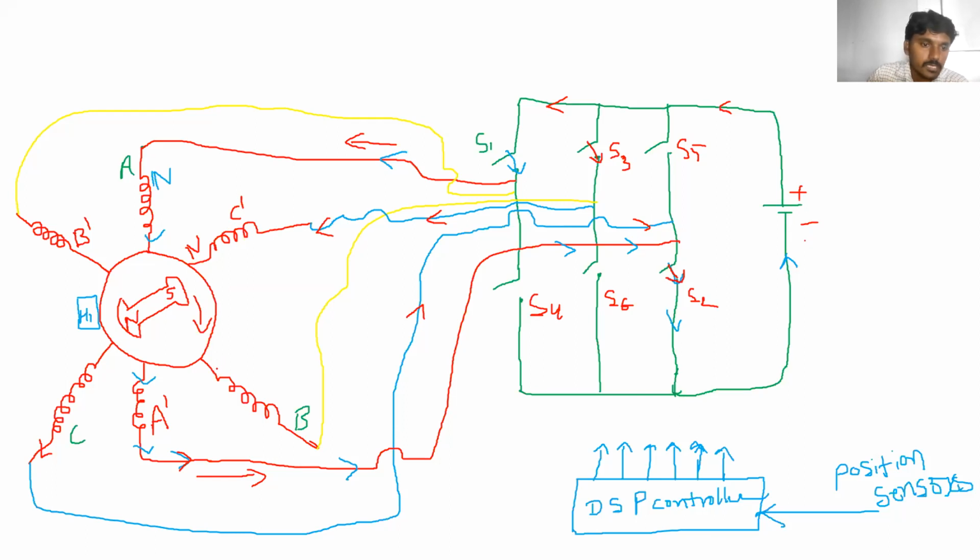In order to make this B coil a north pole, we have to give the supply to this B winding or B phase. So which switches should be closed?